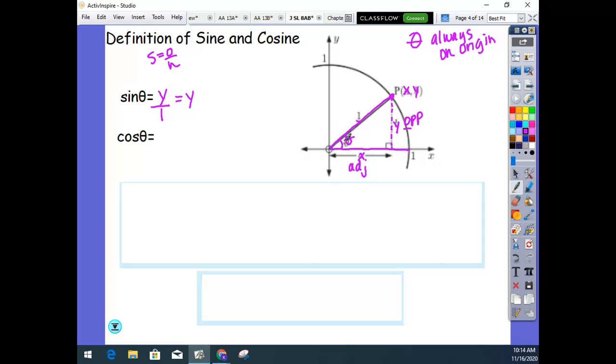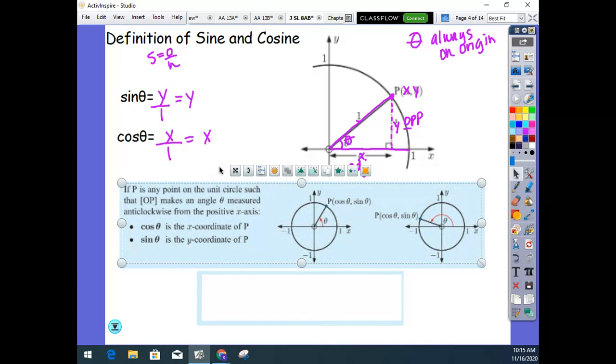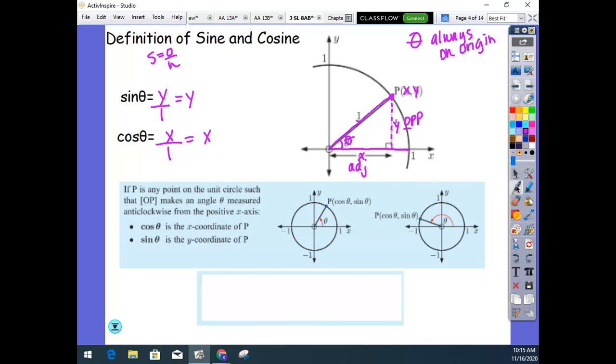Cosine from this angle, my adjacent, which always corresponds to x over hypotenuse of 1. Cosine is always the x coordinate. So, big idea. Cosine is always the x coordinate on the unit circle. Sine is always the y coordinate on the unit circle.